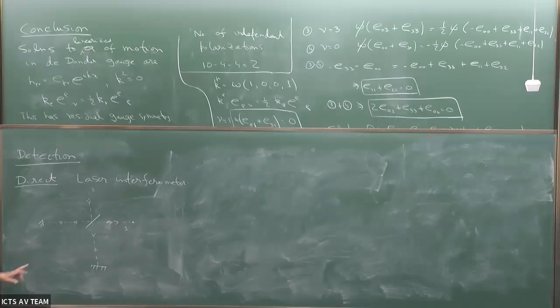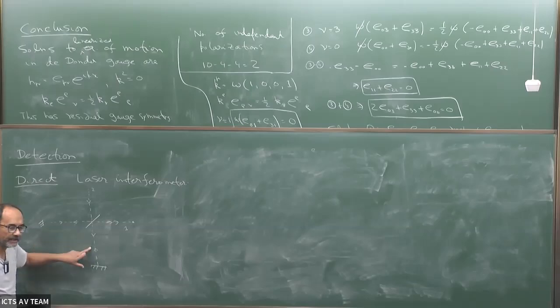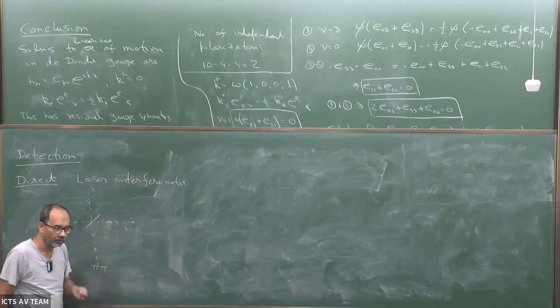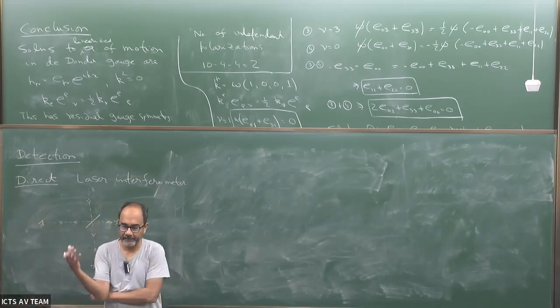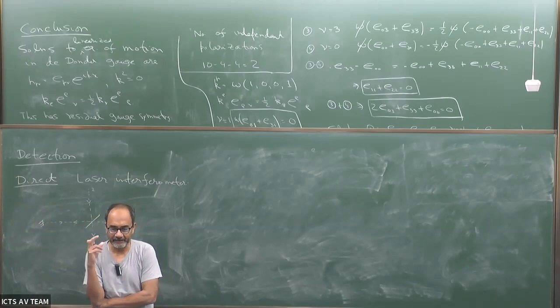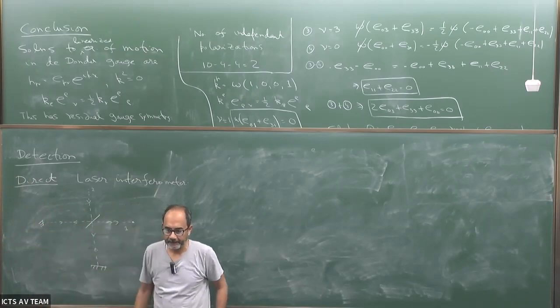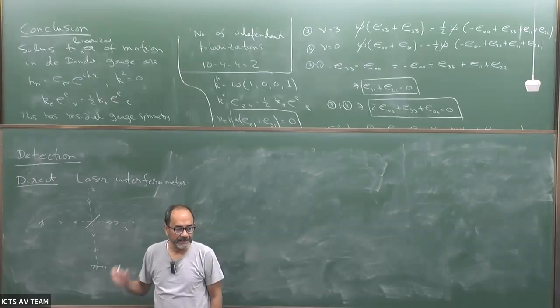When that happens, the relative values of these two lengths change. In fact, they start oscillating. And as a result, the interference pattern here also starts oscillating. If it had destructive interference before, once the gravitational wave is passing through, you will see oscillation because these relative lengths keep changing. So that's the detection.